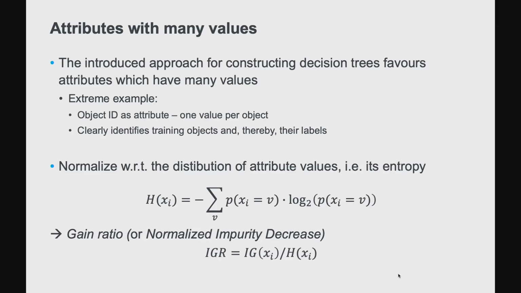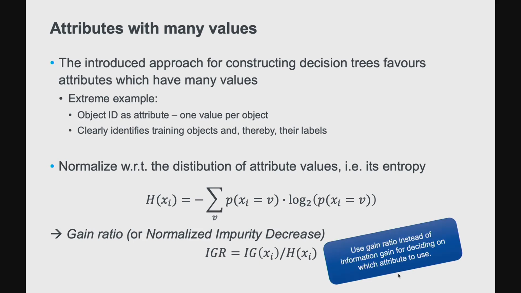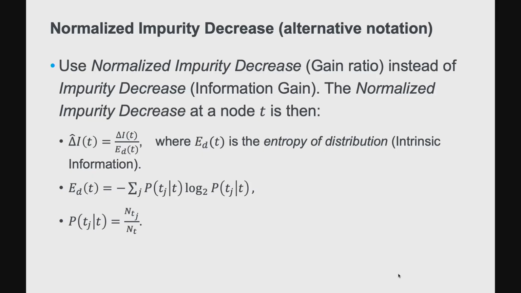If the entropy is not so large, maybe we just have two values of equal probability, then we would just divide by 2. So let's use the gain ratio instead of the information gain for deciding on which attribute to use.